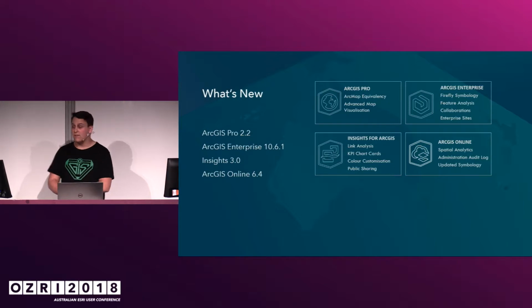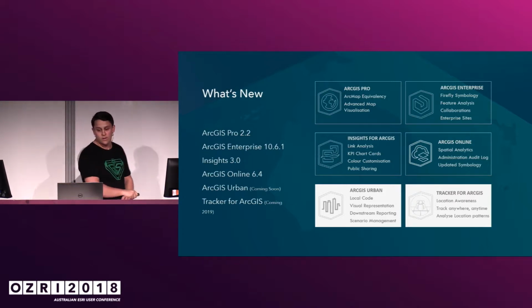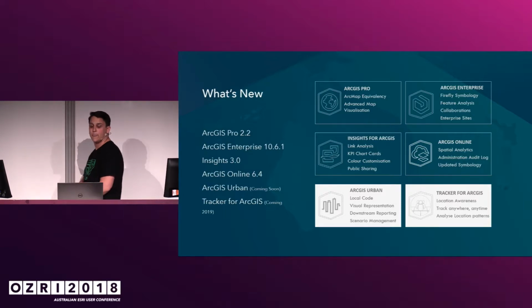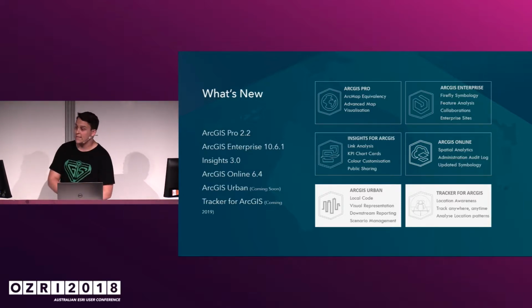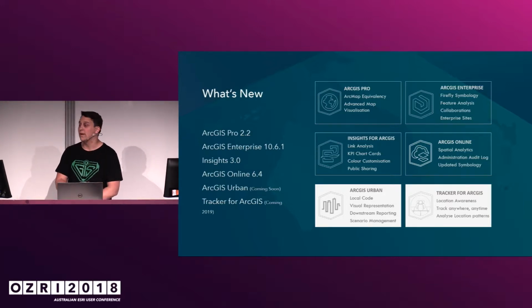But now for something even more forward-facing than the December release: 2 new apps to the Esri suite. Tracker for ArcGIS is a new field app coming in 2019, enabling organizations to track assets anywhere, anytime, providing your organization's location awareness of where your assets are.